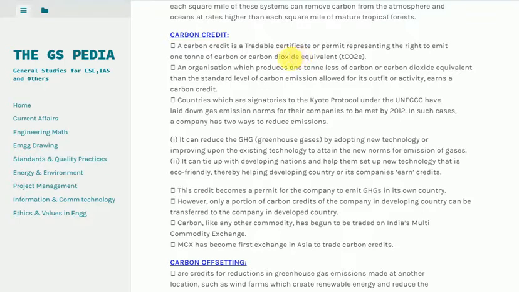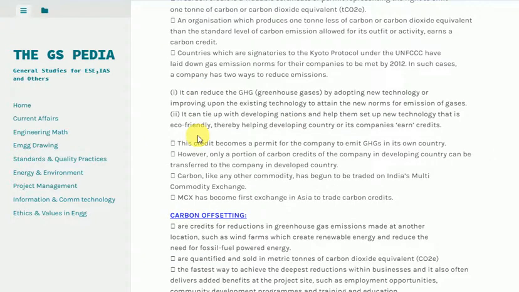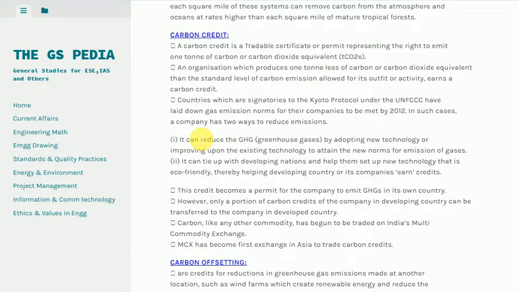An organization which produces 1 ton less of carbon or carbon dioxide equivalent than the standard level of carbon emission allowed for its outfit or activity earns a carbon credit. Countries which are signatories to the Kyoto Protocol under the UNFCCC have laid down gas emission norms for their companies to be met by 2012.